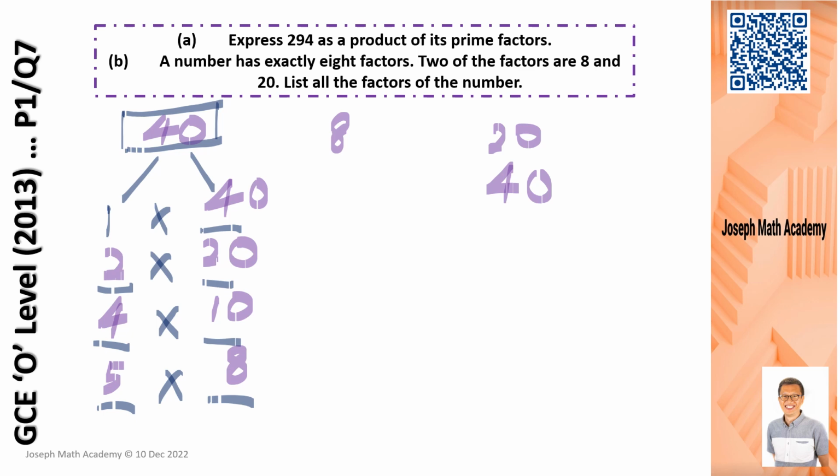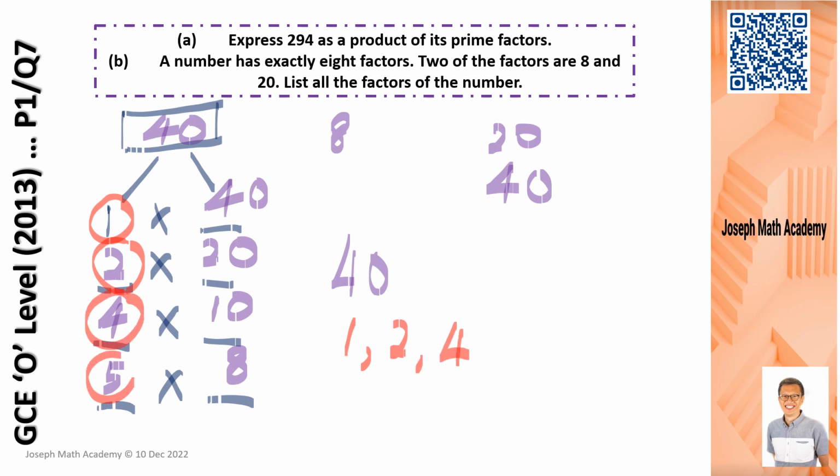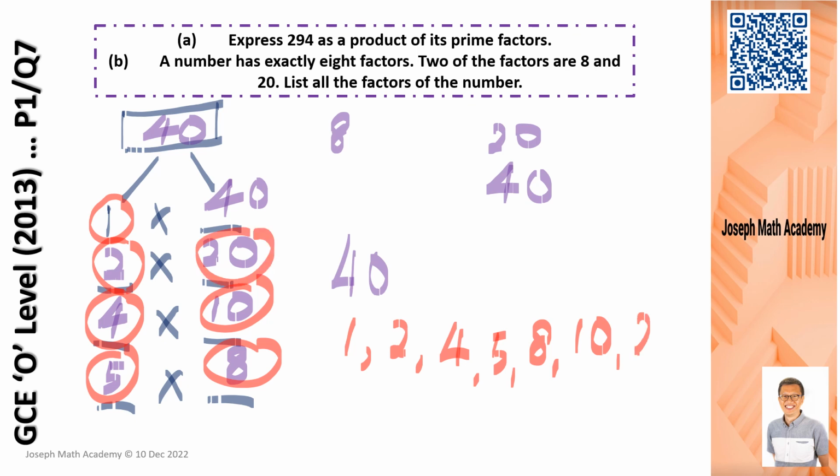Yes, so to list all the factors of the number 40, all the factors are 1, 2, 4, 5, 8, 10, 20, and 40.